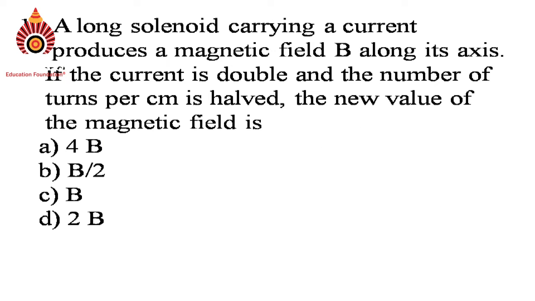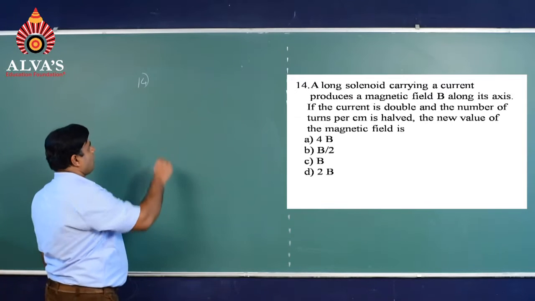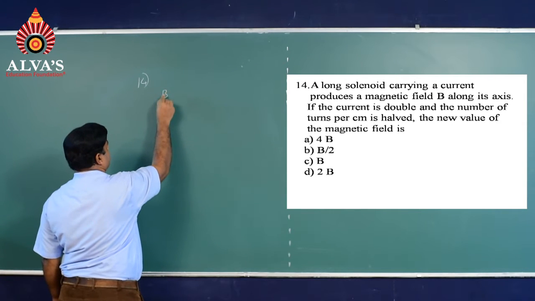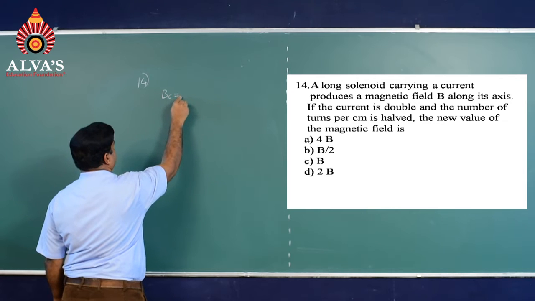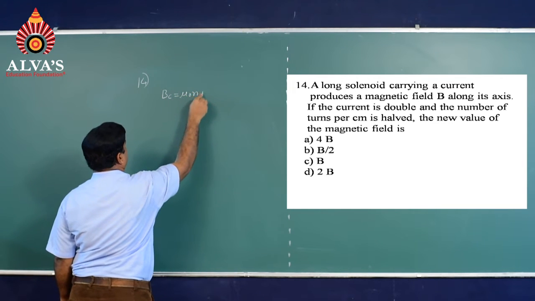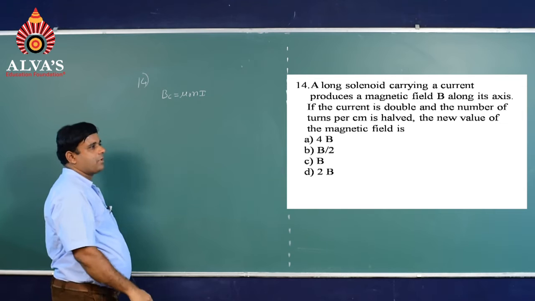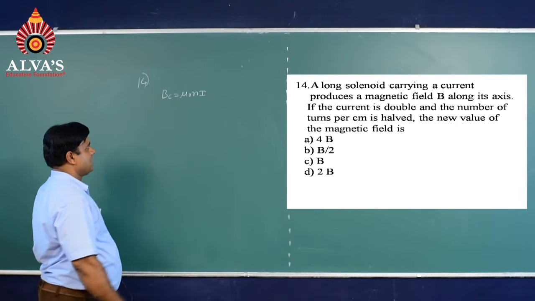A long solenoid carrying a current produces a magnetic field B along its axis. If the current is doubled and the number of turns per centimeter is halved, what is the new value of the magnetic field? Whenever current flows through a solenoid, the field at the center is given by mu naught N I, where N is the number of turns per unit length and I is the current.